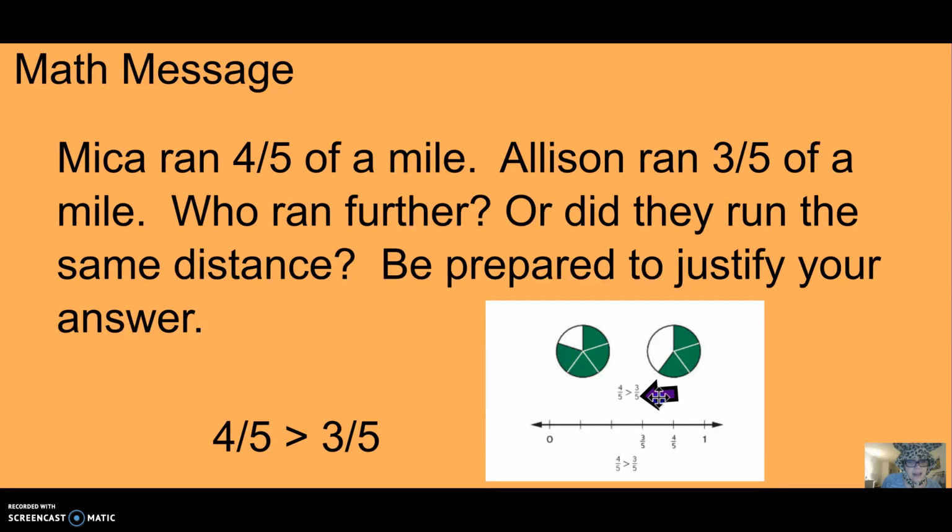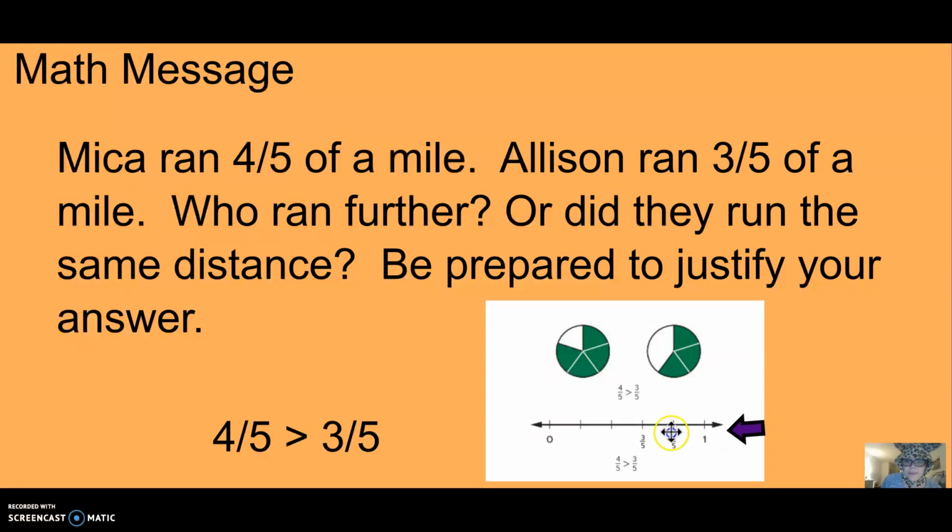Since they are divided into the same amount of equal parts, fifths, I can see that having 4 of those fifths is more than having 3 of those fifths. I can see that more of this circle, more of my one whole, is shaded in. So 4/5 is greater than 3/5.